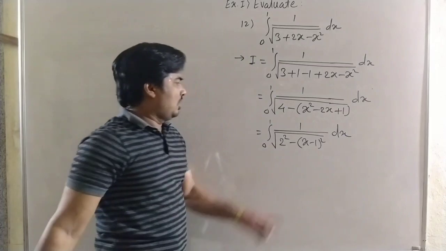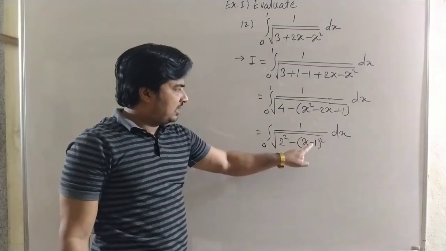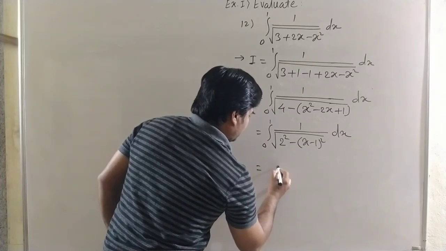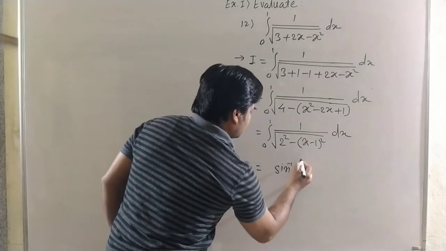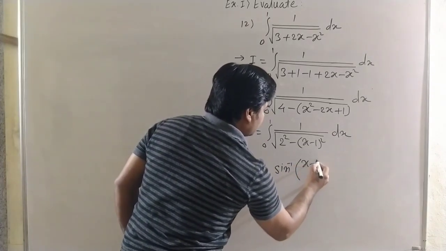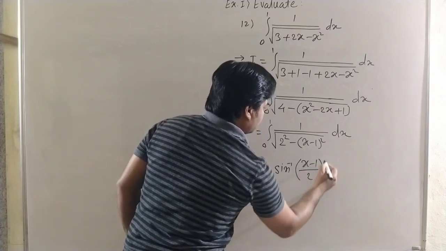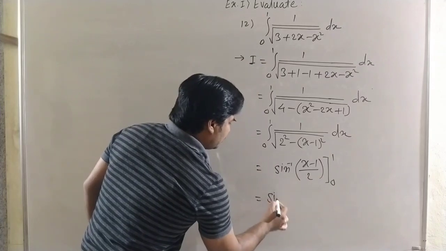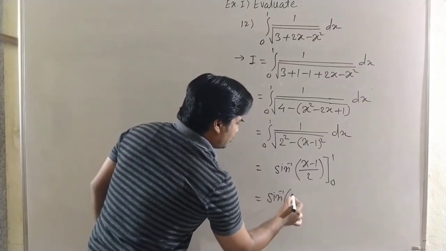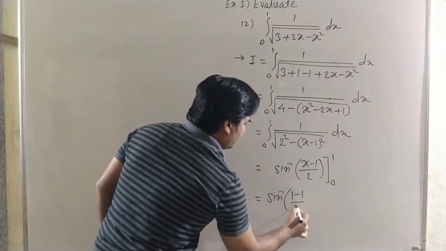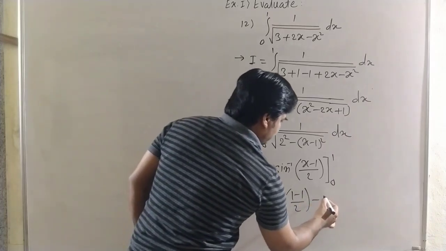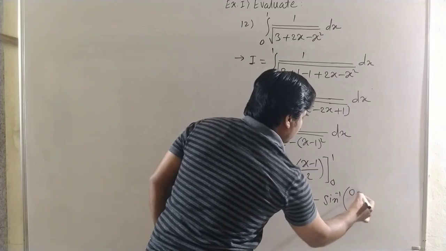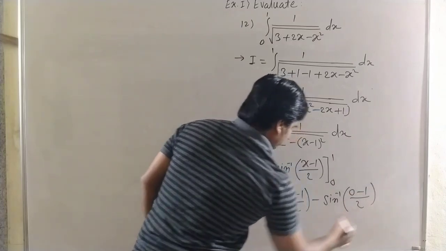Again same formula, 1 upon under root a square minus x square, that is sine inverse x by a. Then the integral is sine inverse of x upon a and limit 0 to 1. Then first put the upper limit, sine inverse of (1 minus 1) upon 2 minus sine inverse of (0 minus 1) upon 2.